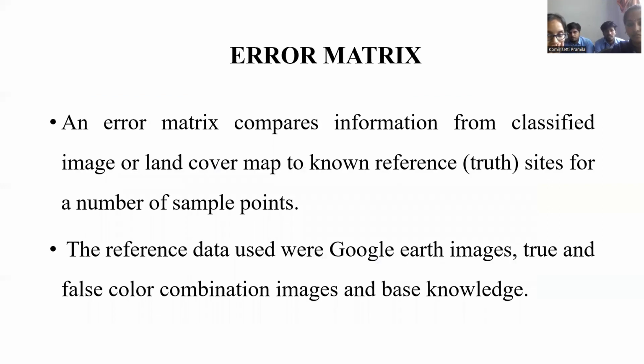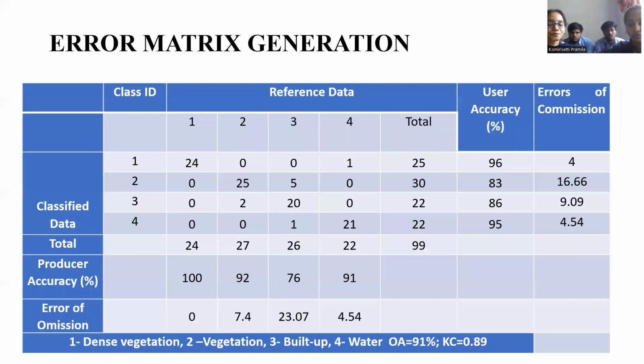And the error matrix. The error matrix compares information from classified images or land cover maps to known reference sites for a number of sample points. It refers to data from Google Earth images, true and false color combination images, and base knowledge. Here it is the classified different lands data pixels.